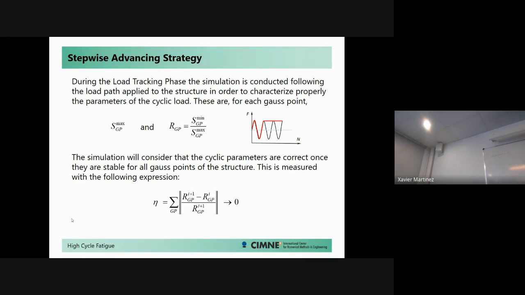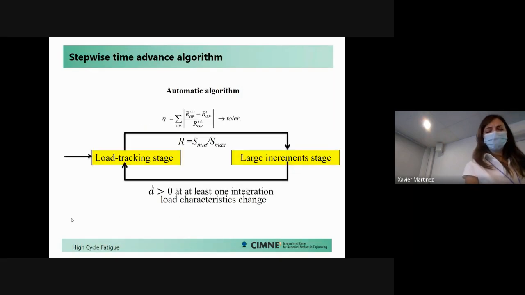Afterwards, we sum the difference between one cycle and the next one for all of the points in my geometry, okay? And I compare this to a tolerance. If I am below a given tolerance, then I consider this to be a stable stress state, and I am free to apply large increments of number of cycles. If I'm not below this tolerance, then I'm obliged to continue applying the load, as I said, by small increments.